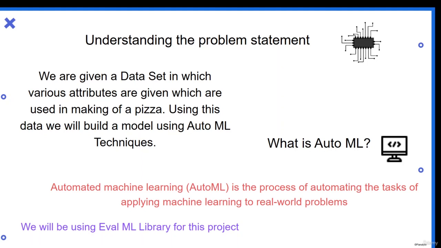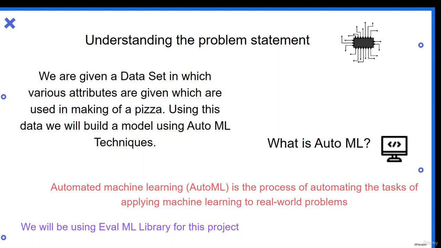Now, what is AutoML? Automated machine learning is the process of automating the task of applying machine learning to real world problems. In simple words, if you are a domain expert and you have all the knowledge of your domain, you can do the feature engineering and all other things on your own.